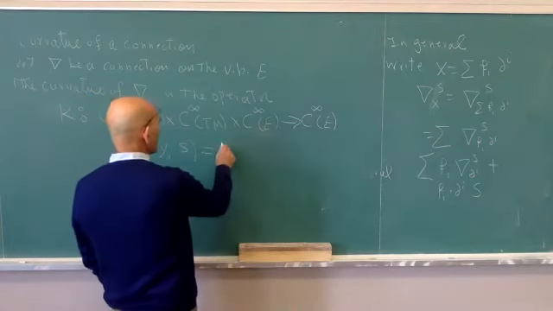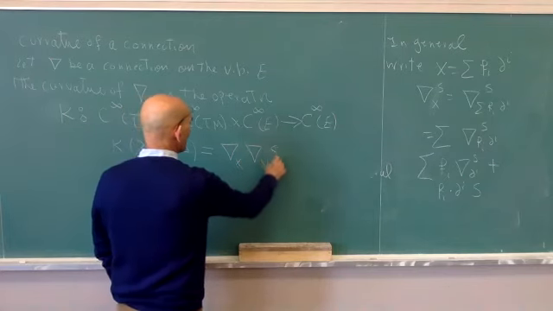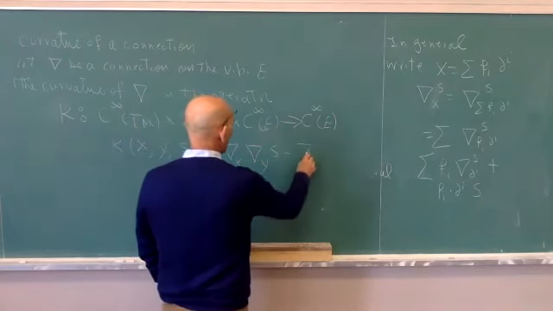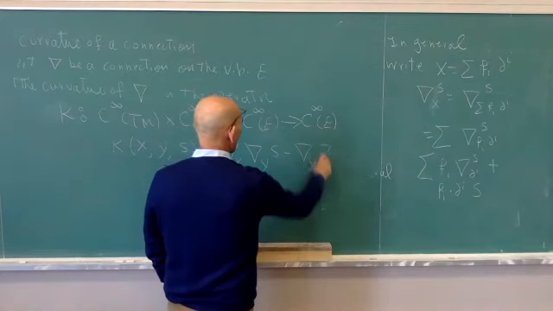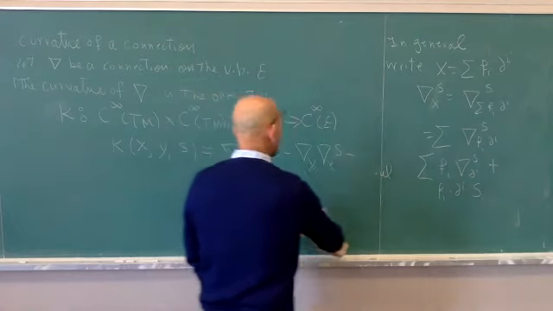This is equal to ∇_X ∇_Y s minus ∇_Y ∇_X s minus ∇_[X,Y] s.